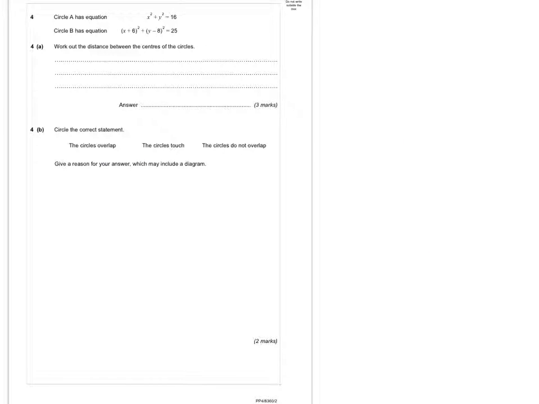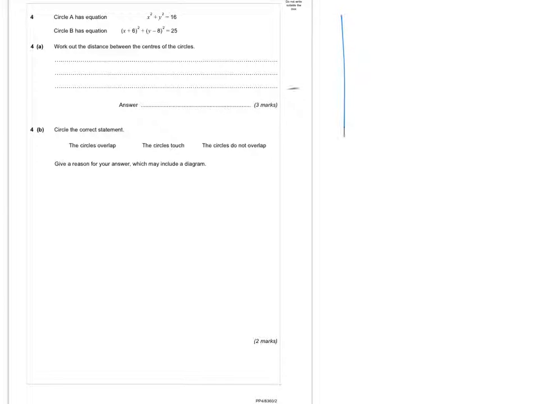Question 4. Circle A has the equation x squared plus y squared equals 16. So circle B has the equation x plus 6 squared plus y minus 8 squared equals 25. Work out the distance between the centres of the circles.